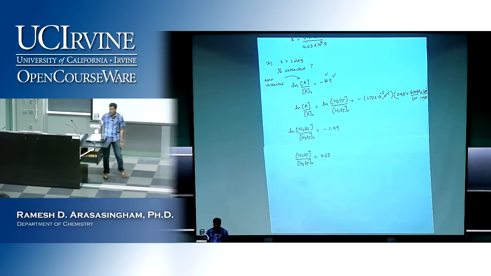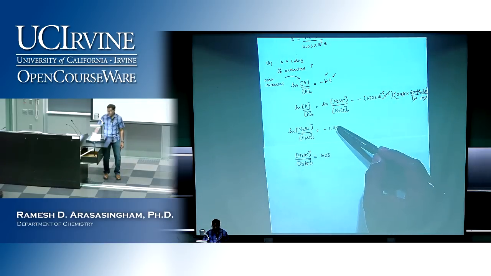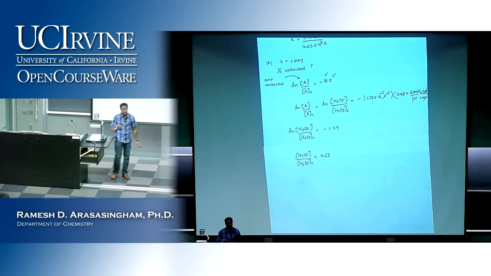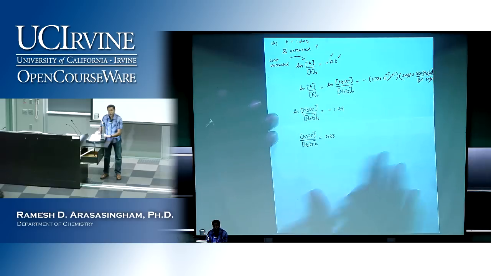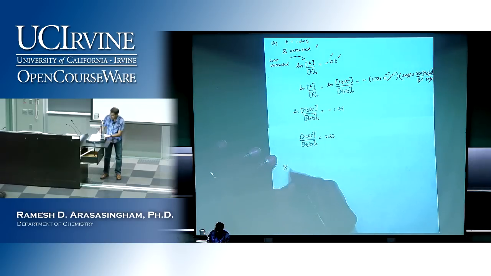Now remember, I'm taking the inverse log, so if I'm keeping track of sig figs, I have a 3 sig fig number. When I go from here to here, I only count the decimals, so it goes to 2 significant figures.